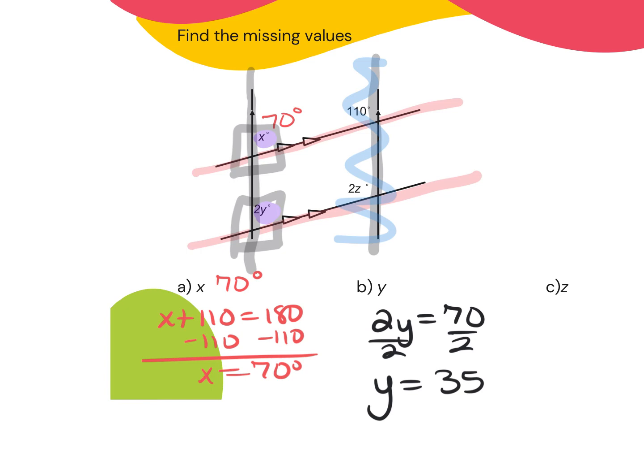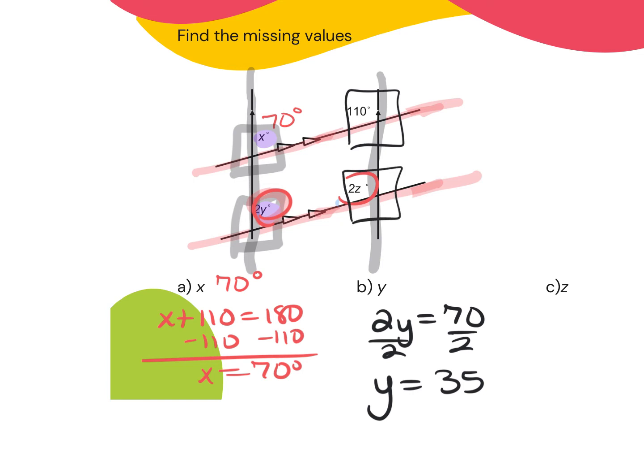Now, for Z, let me see if I can erase this blue that I scribbled. Now, to find Z, I can do two things here. I can either realize that these two are same side interior, 2y and 2z, or I could use the fact that 110 and 2z are corresponding because they're both in the same corresponding spot.